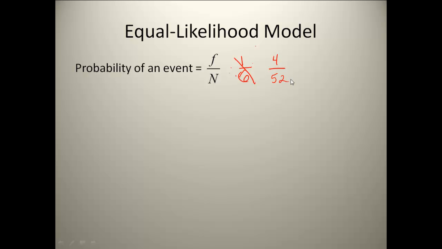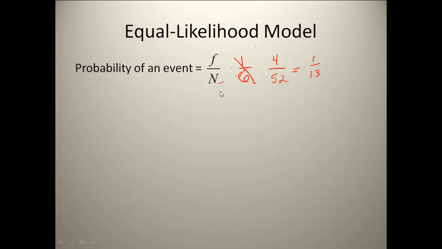There's 52 cards in a standard deck, so I would have 4 out of 52, which also reduces down to 1 over 13. So this model, the f over n, is probably what most of you think about when you start thinking about probability.